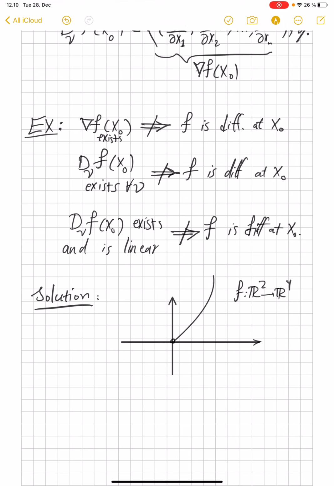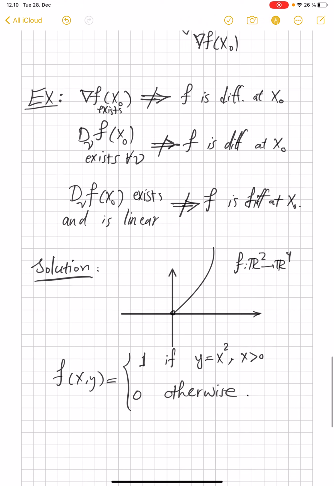I remove the origin, actually. So I define f of (x,y) to be 1 if you are on the parabola, if y equals x squared and x is strictly positive, 0 otherwise. So this is a function that is 0 everywhere except for that tiny line.